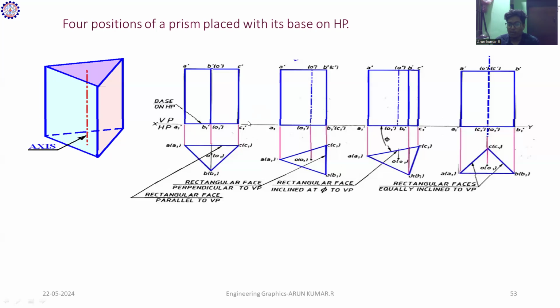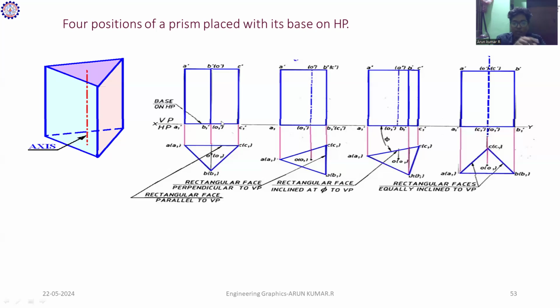Why do we consider A1 dash and B1 dash? You clearly see that A1 is the starting point and C1 is the ending point, but B is the center, not the exact center. In this case we take it as the center, unlike in the previous diagrams. Once you complete this, you draw the height, whatever value is mentioned in your problem, like 30 mm, 40 mm or 50 mm.